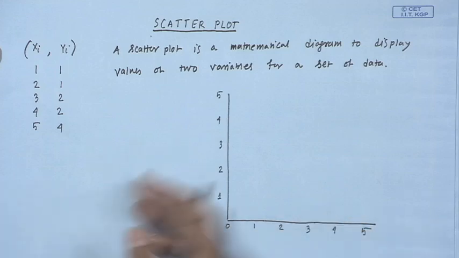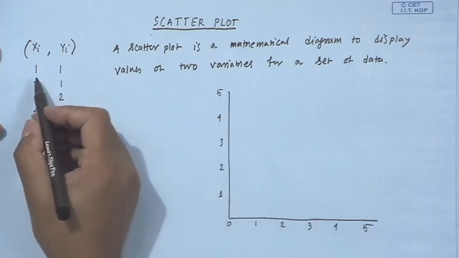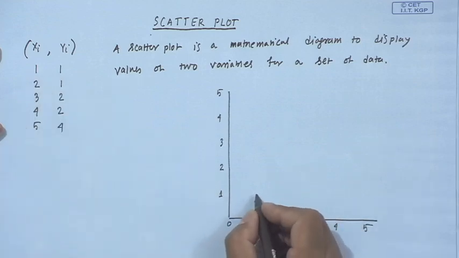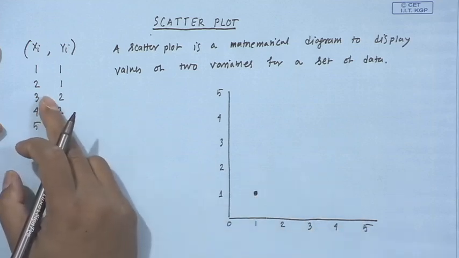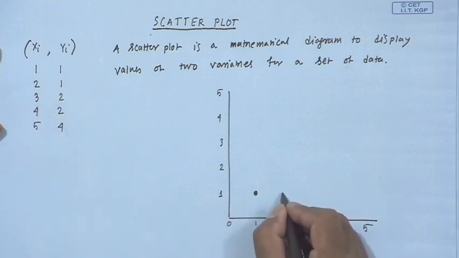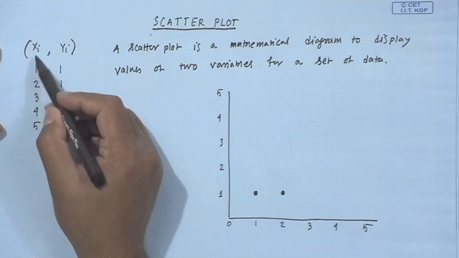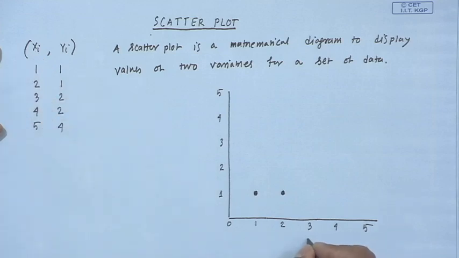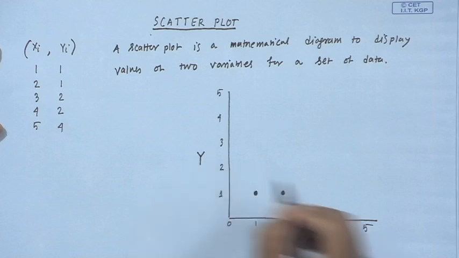Now I will explain the scatter plot for this Disney toy data. The first observation x1 y1 is plotted here. The second observation x2 y2 is plotted here. I should say that usually in regression analysis the regressor variable is plotted along the x axis, and the response variable is plotted along the y axis.